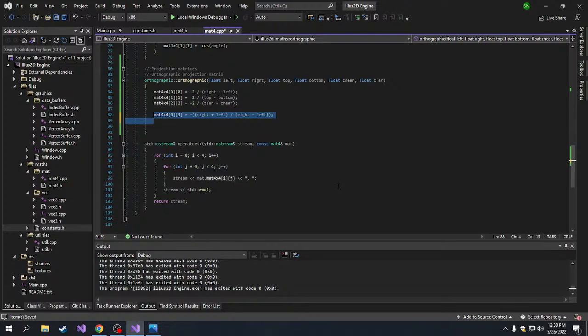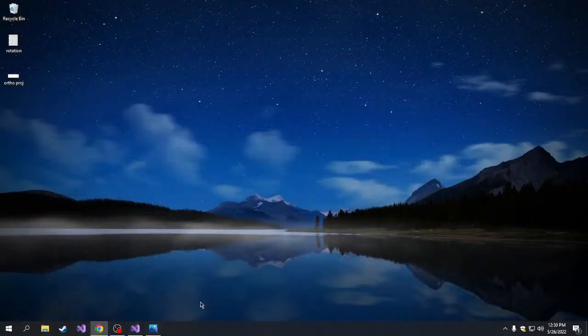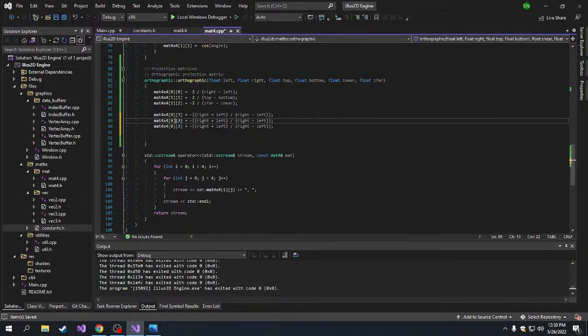Okay, cool. I will paste it a few times. Negative top plus bottom divided by top minus bottom.